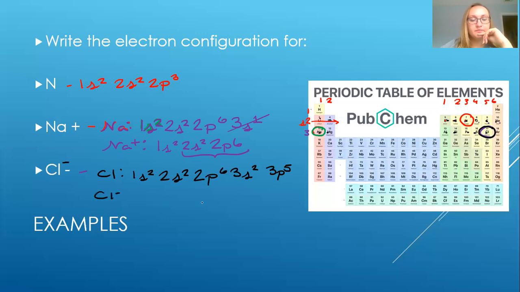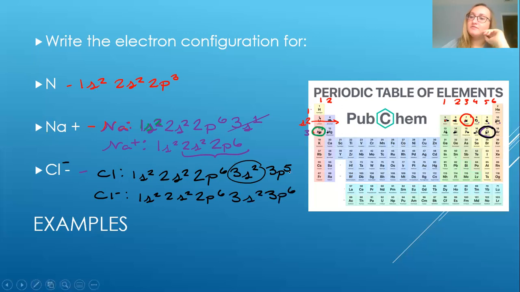Chlorine minus. When we gain electrons, we add them to the valence shell. So everything stays the same. This one is full. So I'll add 3p5, 3p6. Okay.